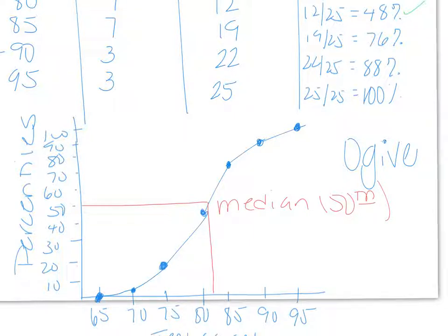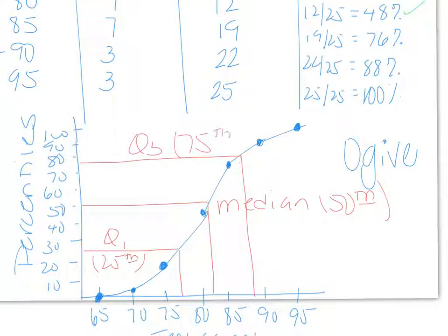And then I can also approximate the quartiles. So this would be my first quartile at 25%, or the 25th percentile. And then at the 75th percentile, I could approximate the third quartile, and then use these two, right, in order to find the IQR.